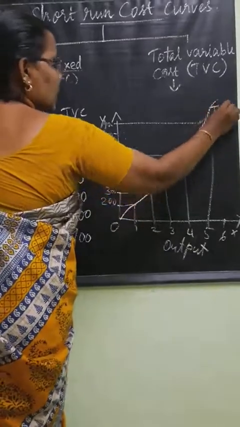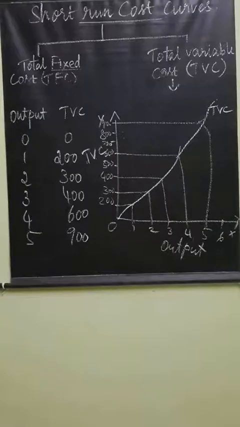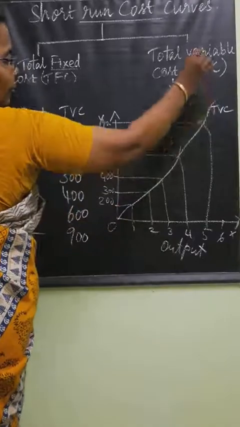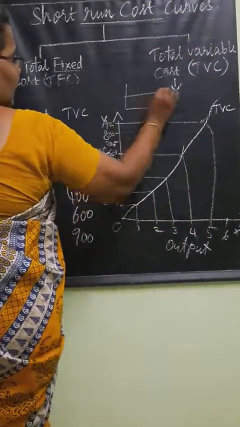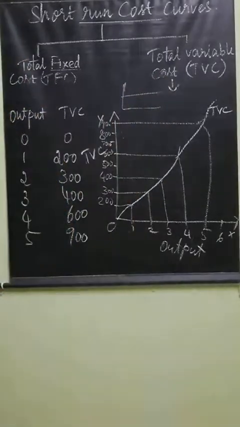This is TVC curve. So, the total variable cost will be raised. When the output increases, the variable cost also increased. When the output decreases, it also decreases. So, the slope is upward from left to right. TFC curve horizontal, TVC curve upward sloping.